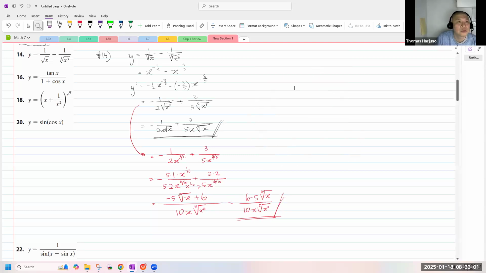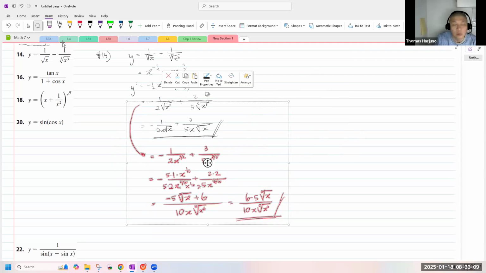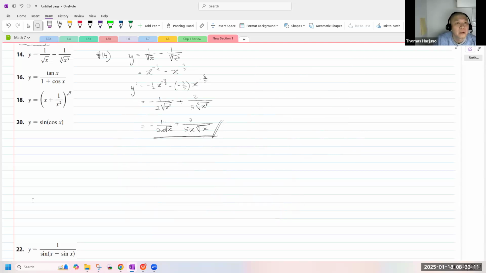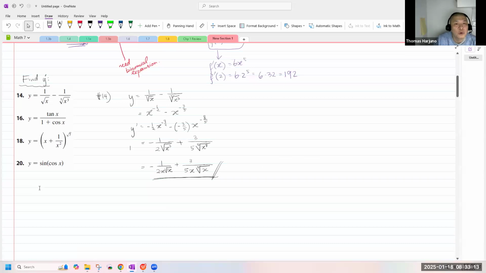Students who watch the videos will see what I talk about, but if those students don't watch the video, and just see the PDF, then they don't see this further explanation. It's not important anyway. Okay, that's number 14. I'm more into trying to save some space. Okay, number 16, let me do it here. Y equals tangent x over 1 plus cosine x.